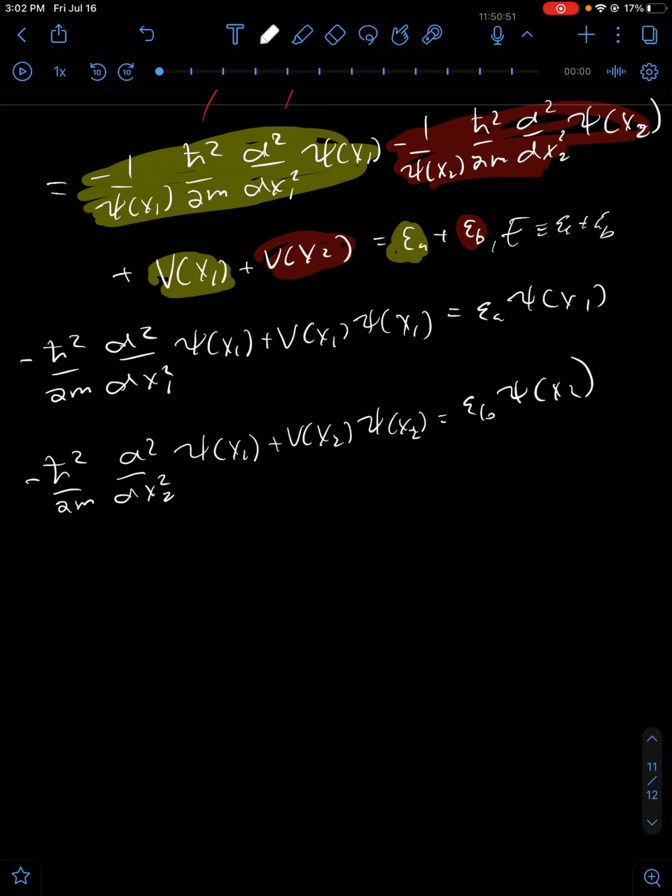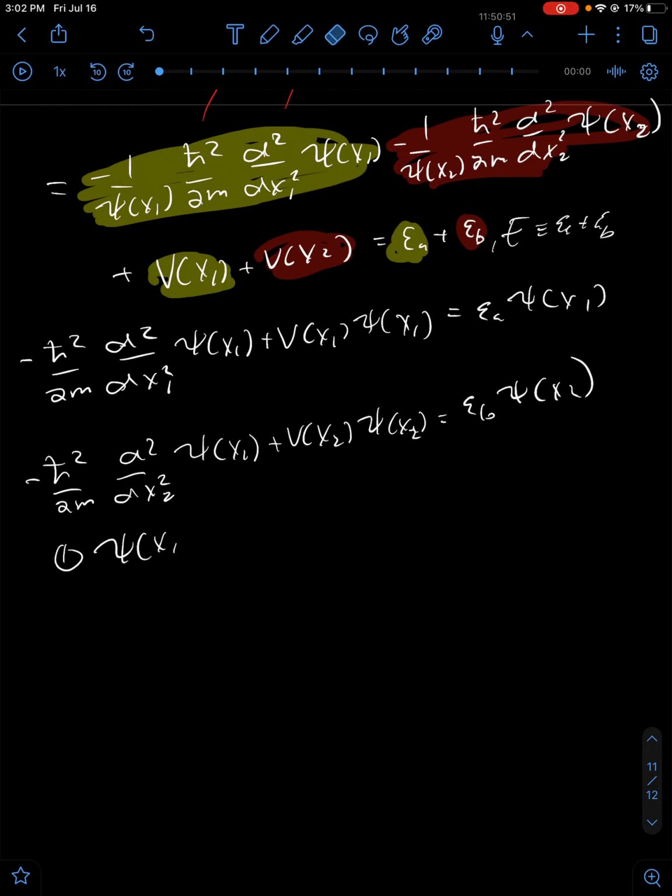So we have seen that we have successfully reduced our one equation to two separate equations. We took a two-body problem and made it into two one-body problems, which are much easier to solve. That's basically how you do it.